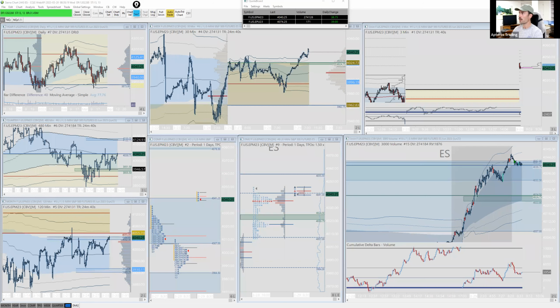So very problematic lows here short term, right? I'd be surprised if we don't wick these lows.